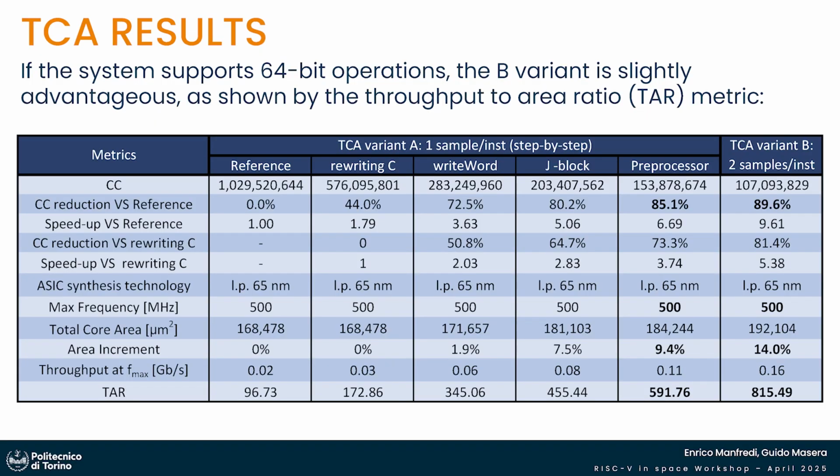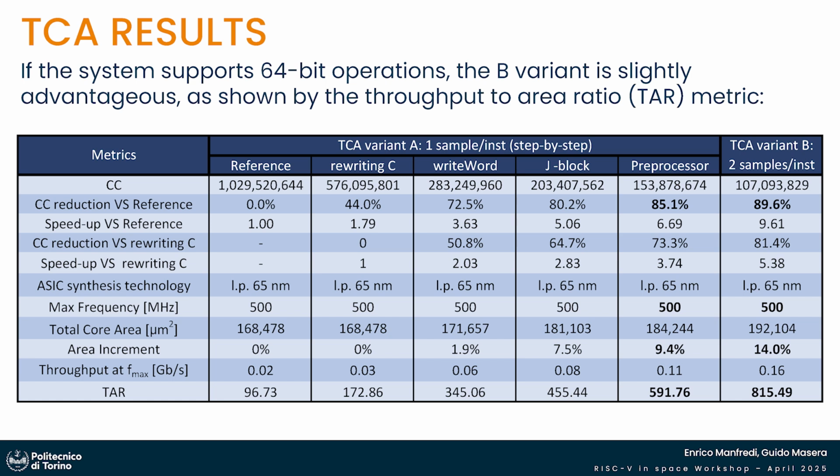We can see that there is a column named rewriting C, because the actual code implementation has been slightly rewritten to reduce the impact of standard library functions like calloc mainly, and to better highlight the results obtained by the accelerators. After adding all three accelerators, we obtain an 85% speed up in clock cycles, or 73% with respect to the rewritten code.